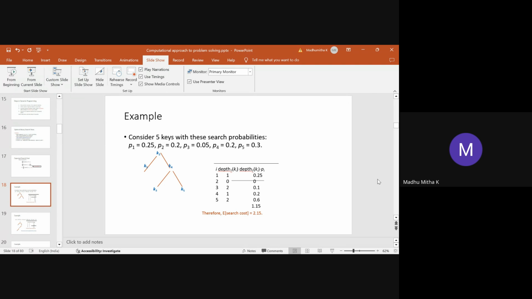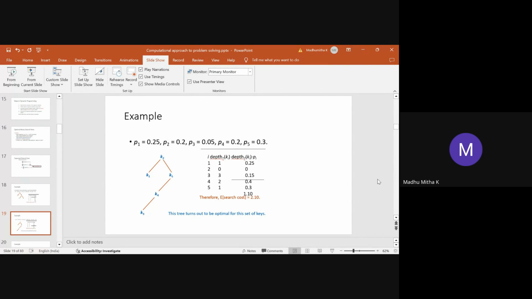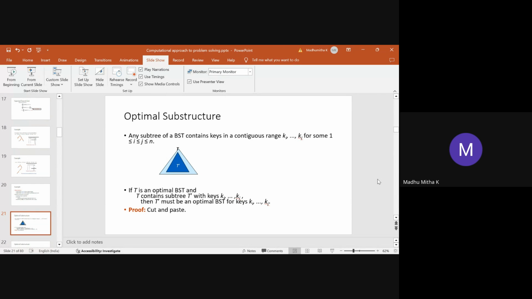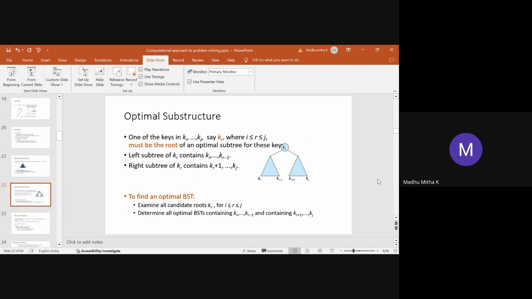Each key node will have different probabilities. So the minimum cost is calculated using the probability of appearance of the node in the tree. These are all basic algorithms, like how you calculate breadth first search. So finally, you will find the optimal solution, the one producing the minimum cost.